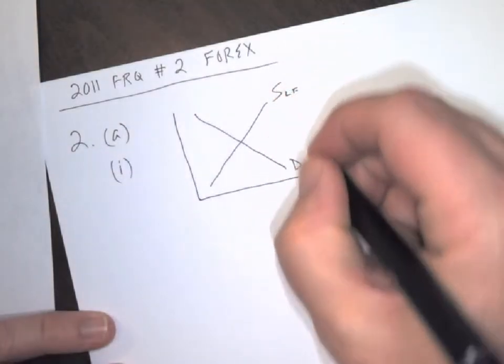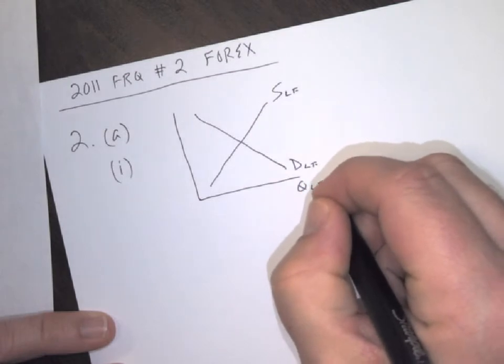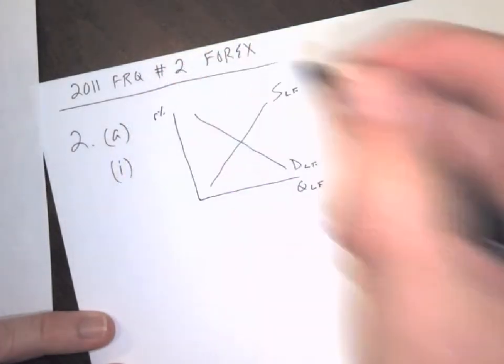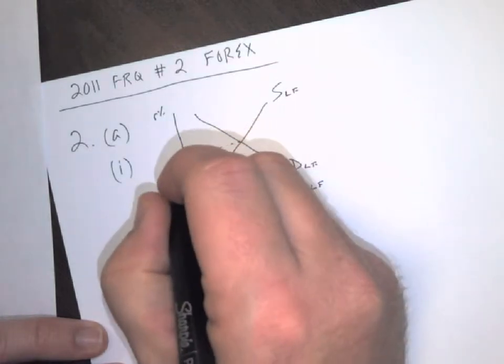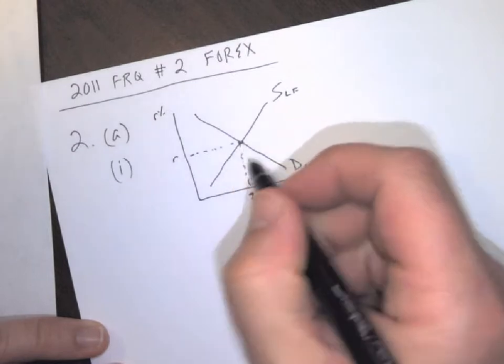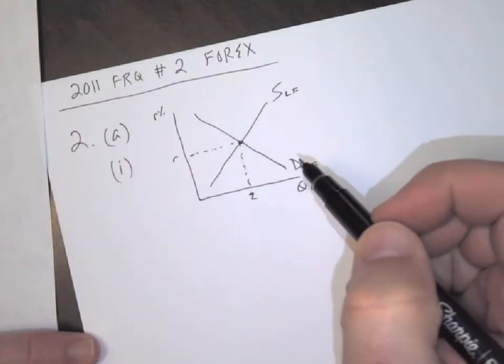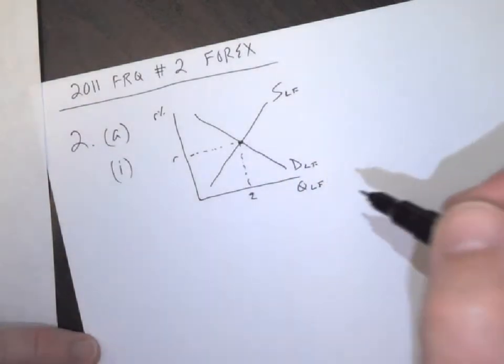So I have the supply of loanable funds, the demand of loanable funds, the quantity of loanable funds, and remember the real interest rate is the price tag of borrowing money. At equilibrium, we're going to have this spot right here where borrowers and depositors meet. The supply of loanable funds means money going into the bank.